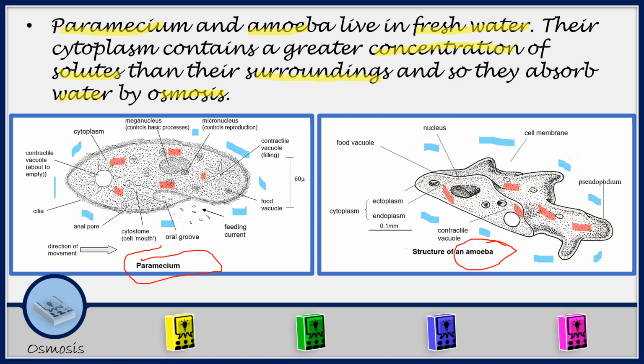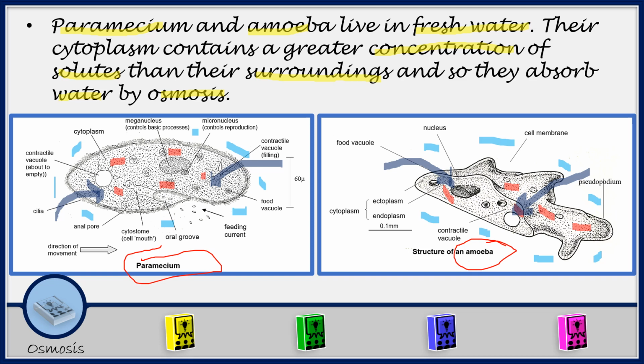So what is going to happen is that water is going to move from a region of low solute concentration to a region of high solute concentration. Water will move from the surroundings and enter the cell of the paramecium and the cell of the amoeba by a process of osmosis.